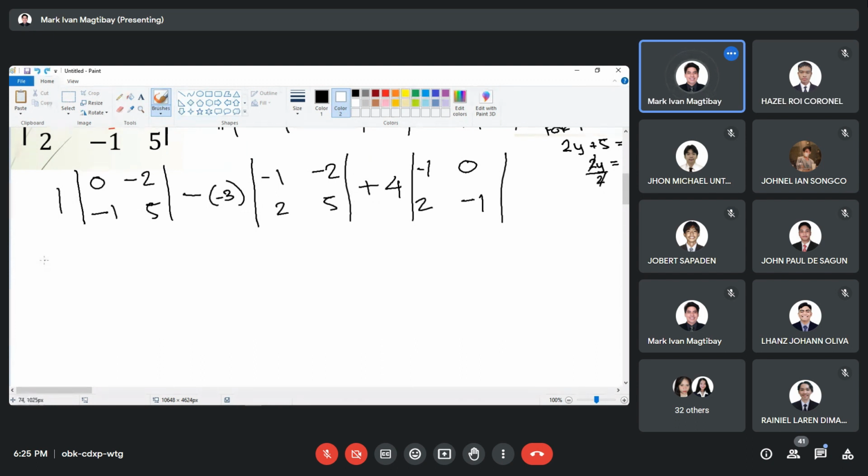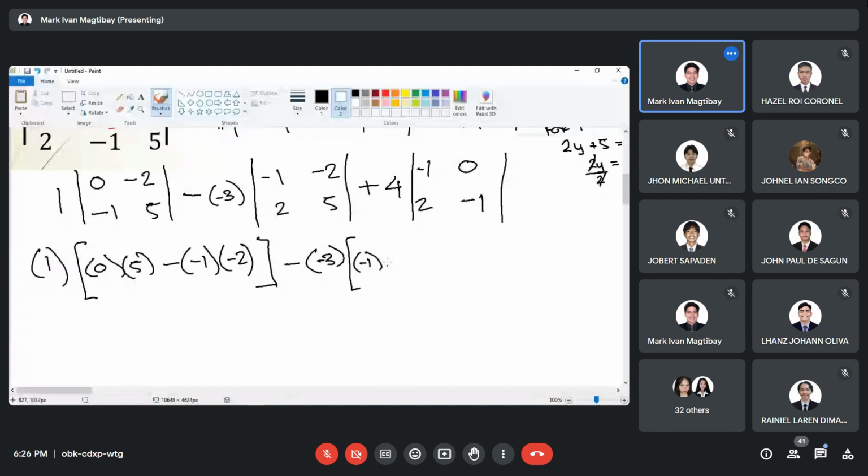So start po, M1 times 0 times 5, minus -1, -2, minus -3, -1, 5 minus -2, 2, and then plus 4, -1, -1, minus, gawin na lang natin 0 kasi hindi na magkasya.